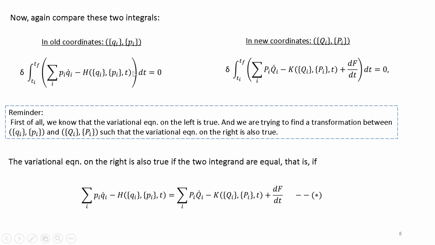If this integrand is the same as this integrand, then we know that this is also true. Therefore, we compare the integrands: the integrand on the left-hand side goes here, the integrand on the right-hand side goes here. Then these equations will ultimately give us the relation between the old and new coordinates.